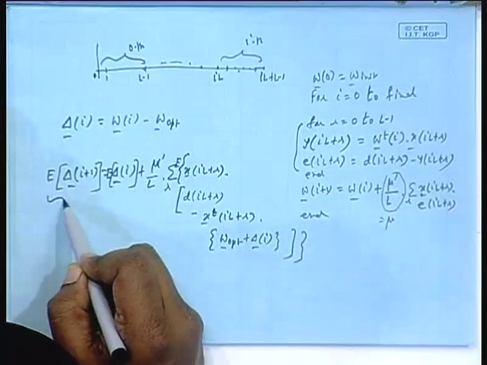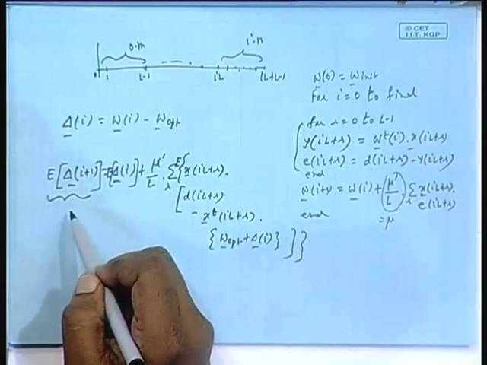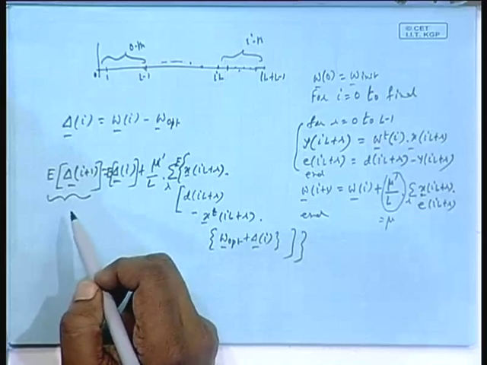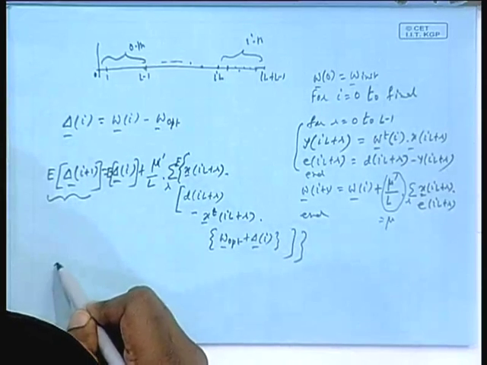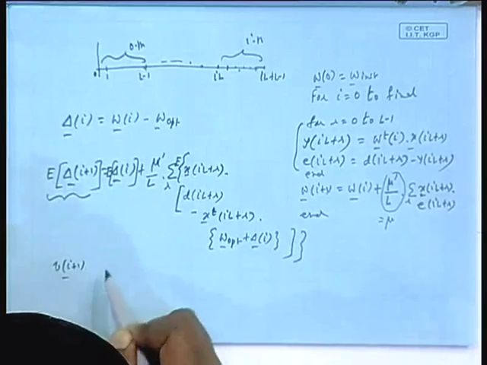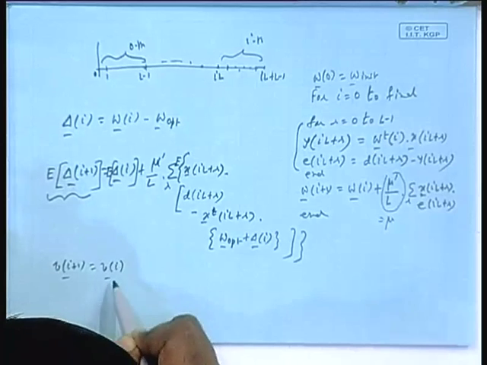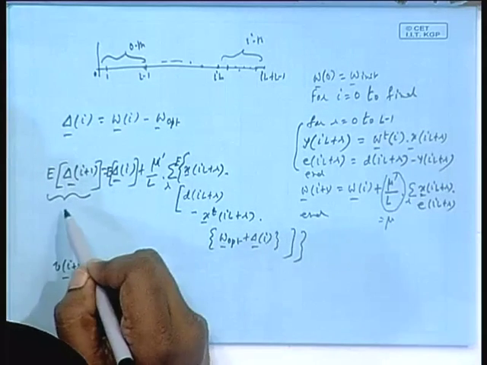This expected weight error vector, I gave it a name last time, I think V or delta, what name I gave? V. So, again I gave Vi plus 1 is Vi, this quantity is Vi plus 1.